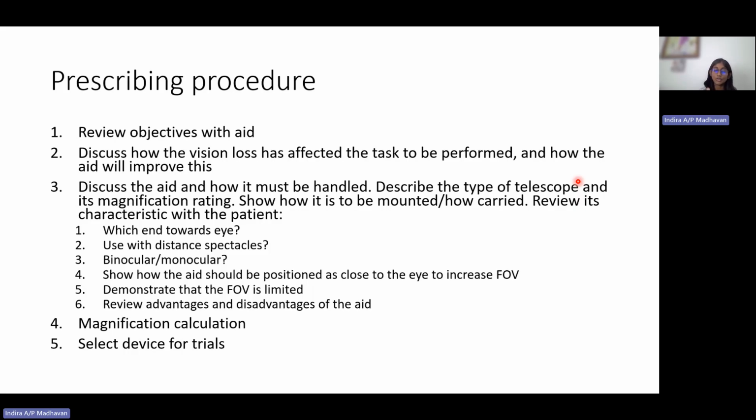Get one with a lower magnification, for example 1.5, 2 or 2.5, and one with a higher magnification, more than 3, and also one similar to the calculated one. So you'll have 3 devices. Every time you calculate the magnification, you have to select 3 devices, 3 different magnifications of telescope.